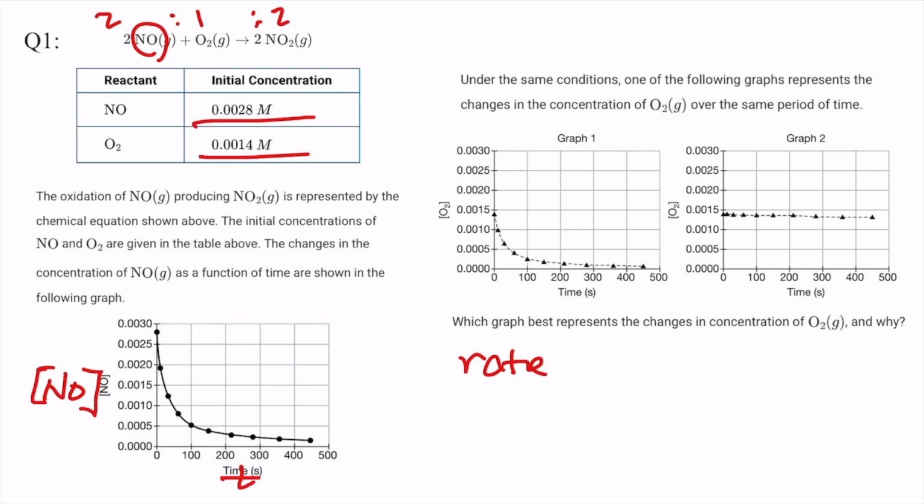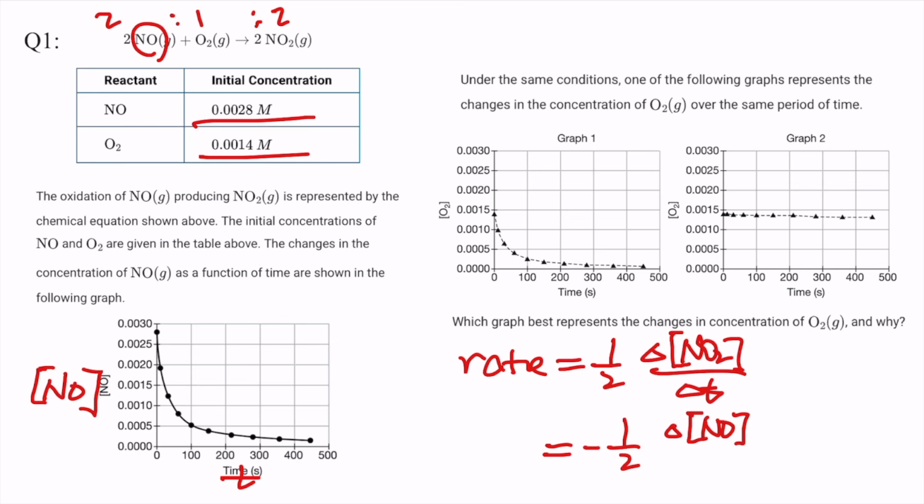Because by the definition of the rate, we can write this as rate is equal to 1/2 of change in the concentration of NO2 over time. And that's the same as negative 1/2 times change in the concentration of NO over delta T. That's the same as 1 over 1, so basically just negative of change in the concentration of O2 over delta T.